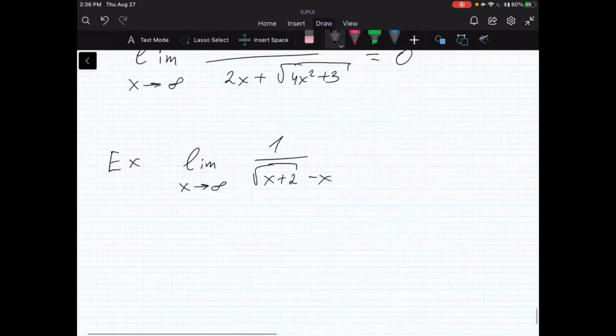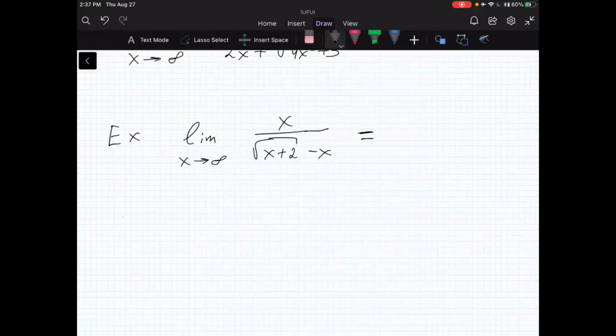So you get, again, if you naively plug in infinity, you'll get 1 over infinity minus infinity. It's not clear what it is. And let's even do, say, x here in the numerator, so it will be slightly more interesting.